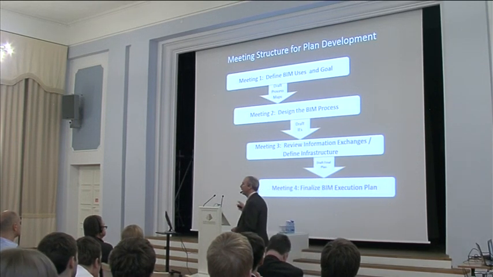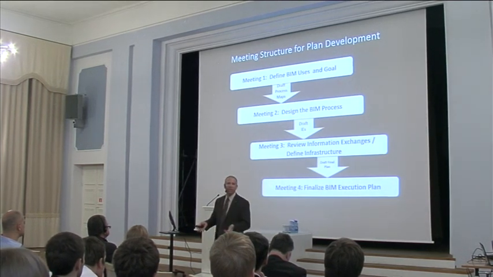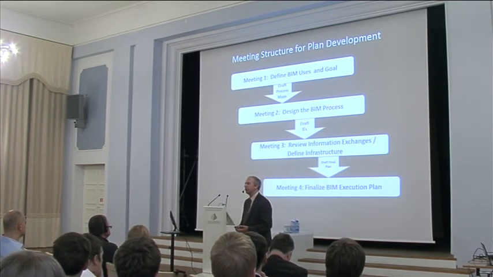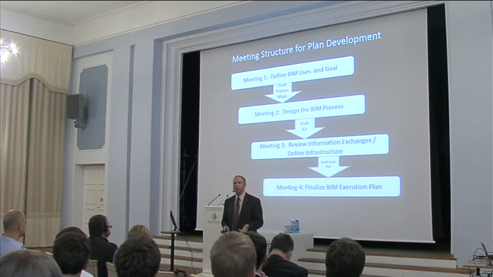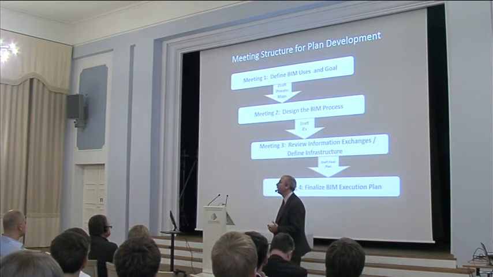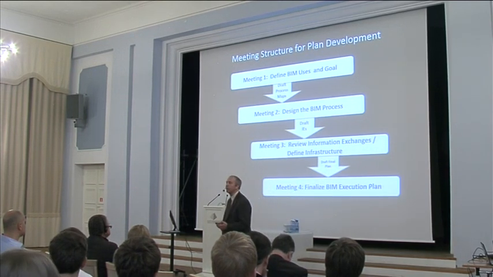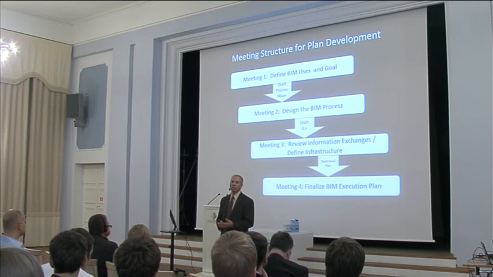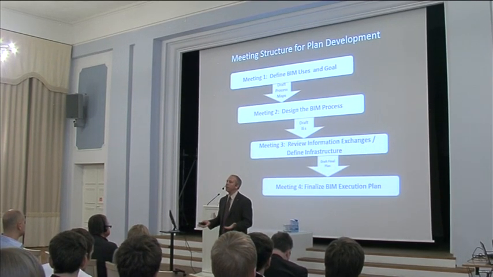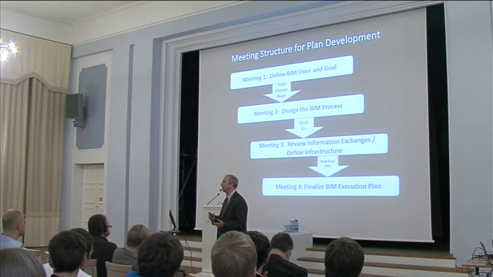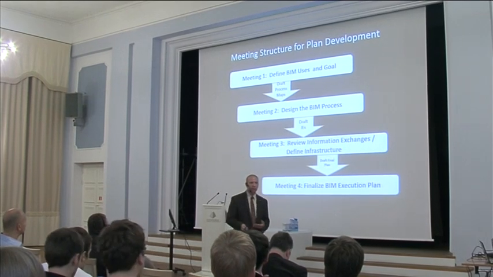And so we put together some simple agendas and everything that people can use for these meetings. But keep in mind, if it's a smaller project, you may embed 2 or 3 of these steps into one meeting. If it's a larger project, we saw people go through 8 or 9 meetings of planning out this implementation strategy. So it all depends what the scale and scope of the project is and what the availability of the team members are.